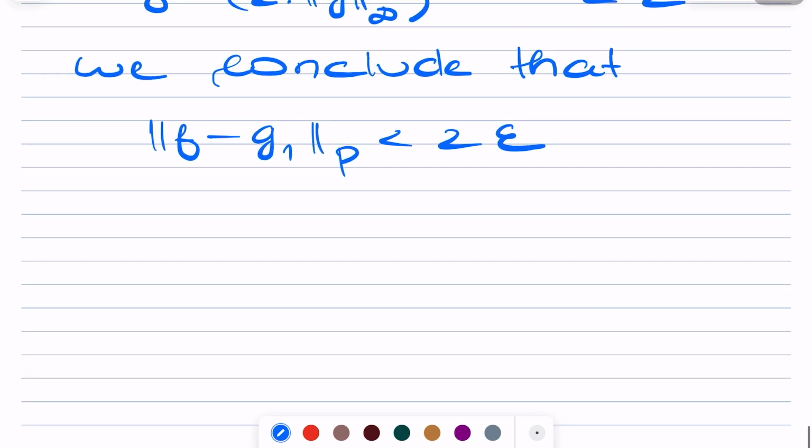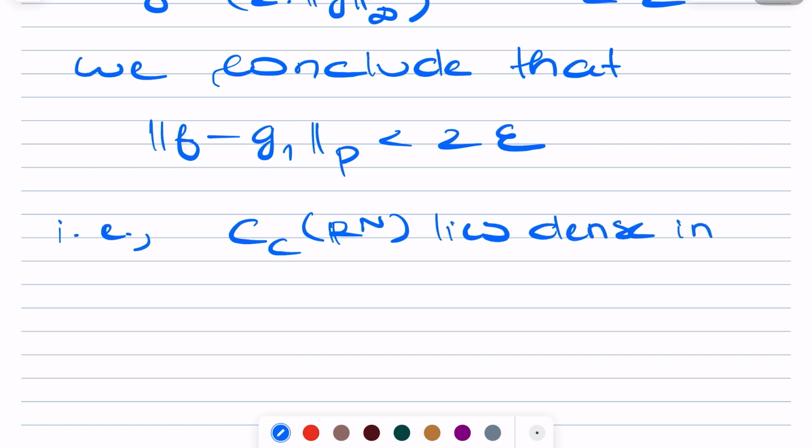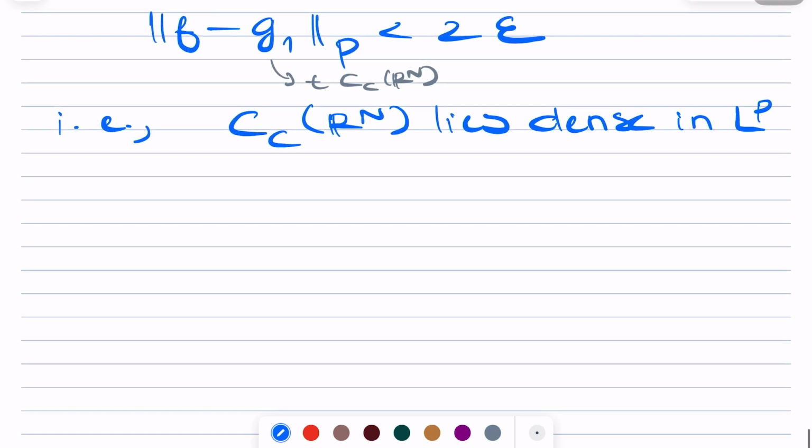And this means that this space actually lies dense in L^p. I mean, remember that this was actually an element of C_c of R. So this is what we had to show.